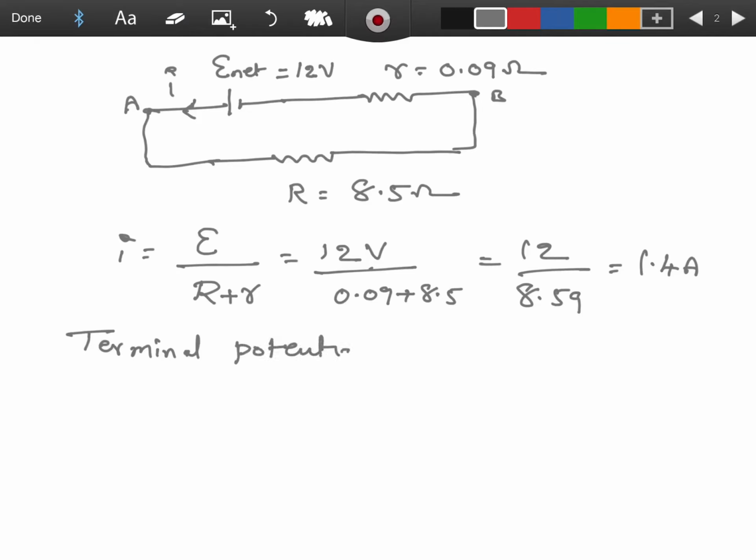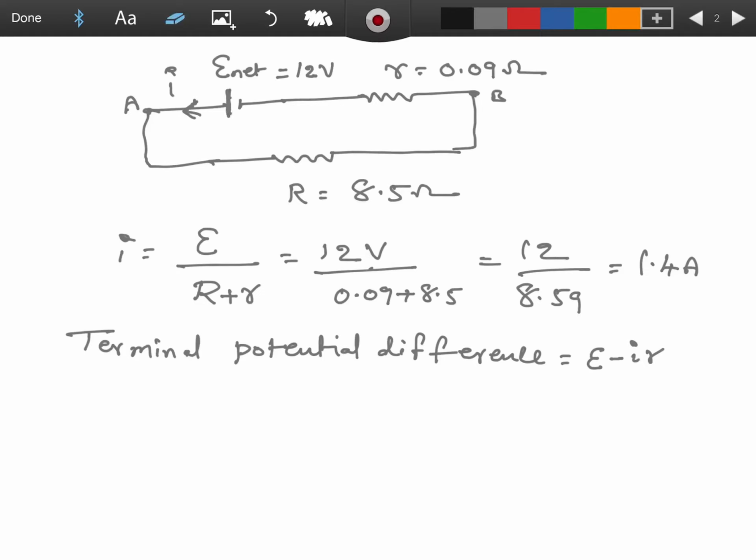The second question they are asking is, what is the terminal voltage? For a discharging battery, terminal voltage equals E minus Ir. For charging it is E plus Ir. Of course, here it is discharging the current I.